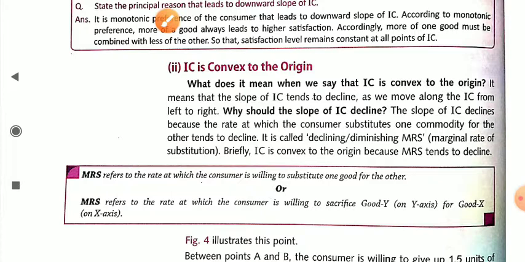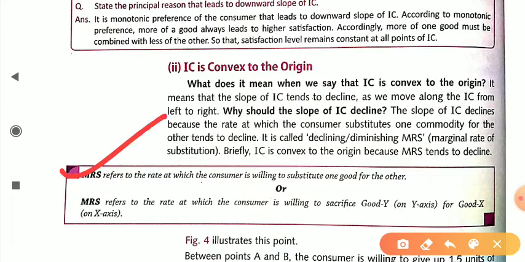Okay, this definition is very important from the exam point of view: MRS refers to the rate at which the consumer is willing to substitute one good for the other. So this represents the rate by which you are going to substitute one good for another. If you wish to buy more oranges, you have to sacrifice apple. If you wish to buy more apple, you have to sacrifice some amount of oranges.